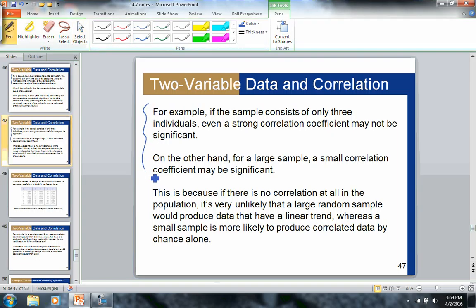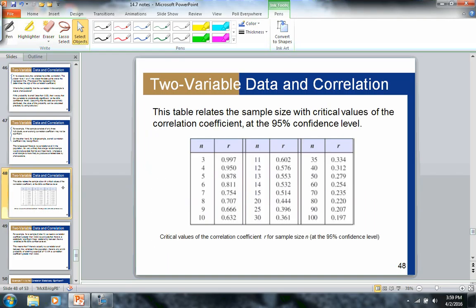Okay, so we need to make sure that we have, if I go to this chart, when we're dealing with smaller numbers that we're sampling, we're going to have a bigger value for R, that correlation coefficient, to show that it's statistically significant data.